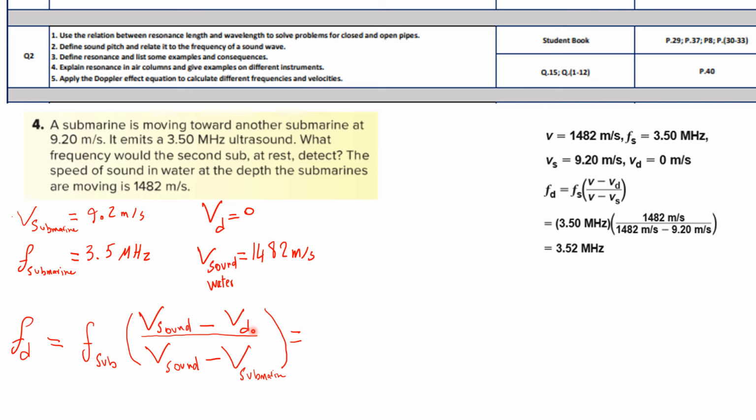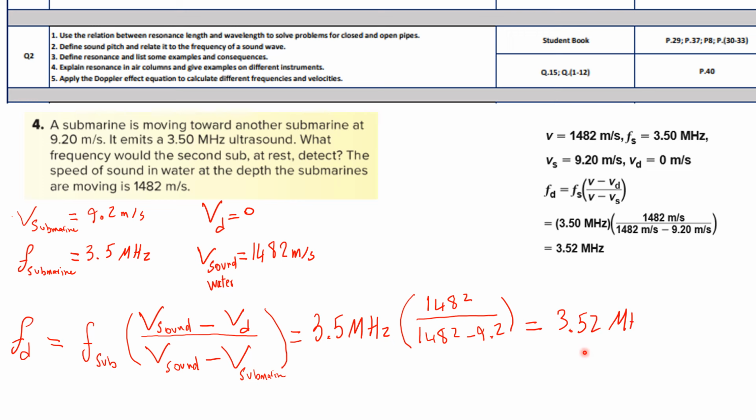So the two submarines are coming close to each other. This means the frequency has to increase from 3.5 to 3.52 megahertz.